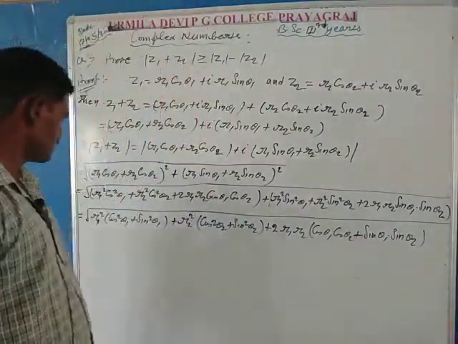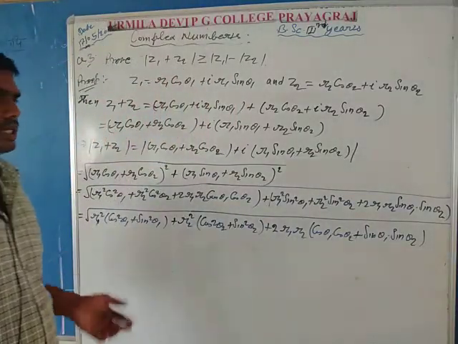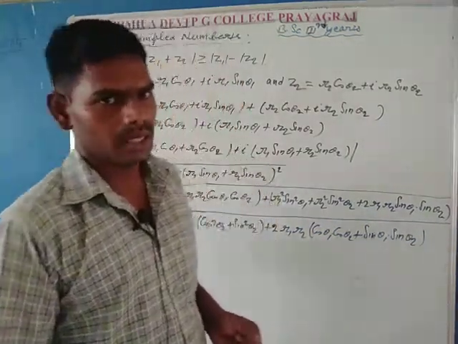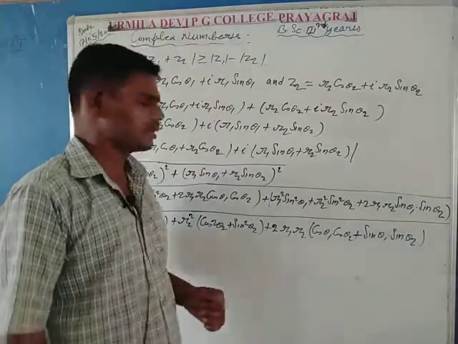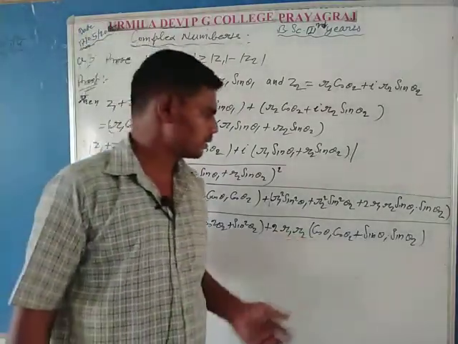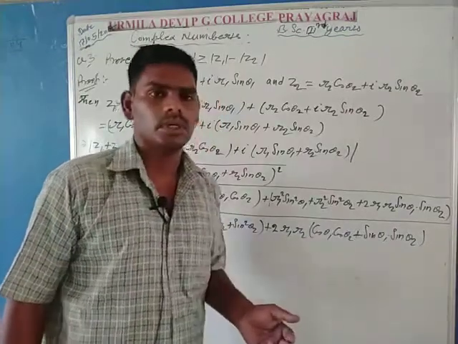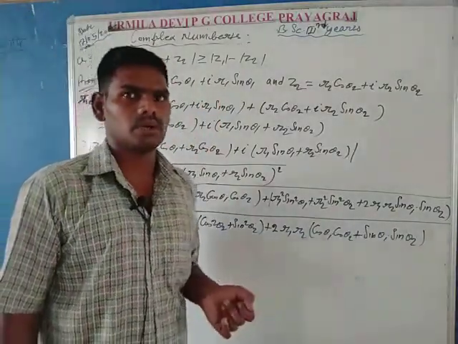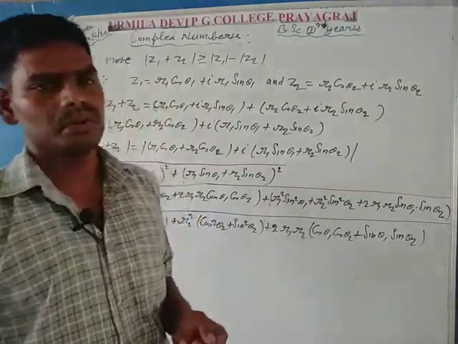According to the trigonometric formula, cos square theta plus sin square theta is equal to 1. Therefore, in the first and second brackets the values are equal to 1, and by the cos (A minus B) formula, cos A cos B plus sin A sin B is equal to cos (A minus B).